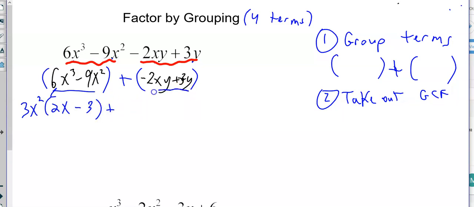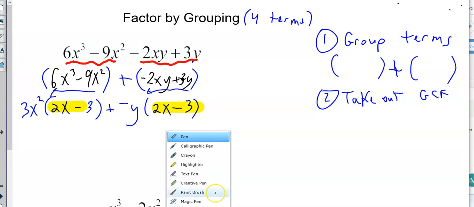Take out the GCF here. Now be careful. Remember, we never want a leading coefficient that's negative, so I'm going to take out a negative, and it looks like a y comes out as well. Negative y times 2x. That was a plus, now it's a minus 3. What you're hoping happens is that this and this match. If that matches, that's a very good sign.